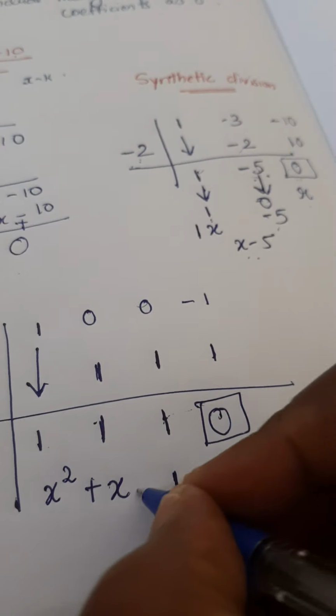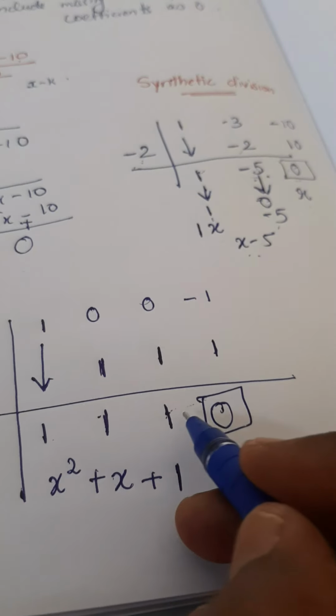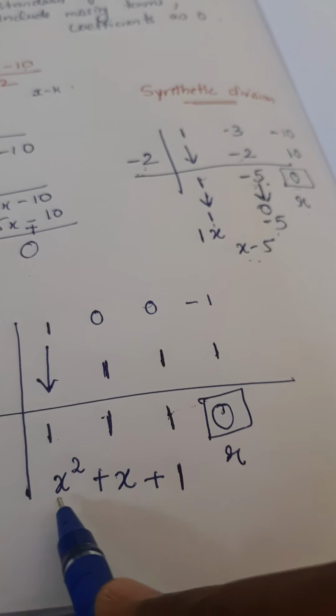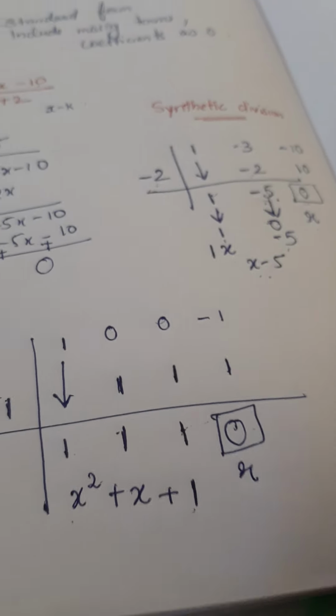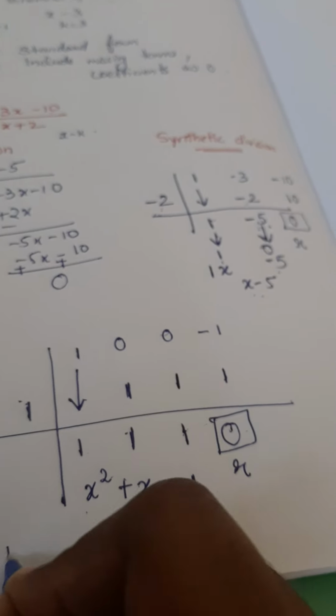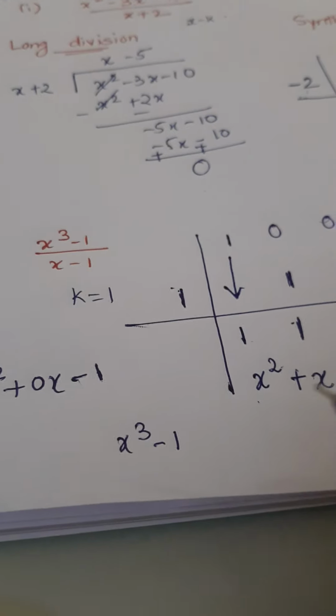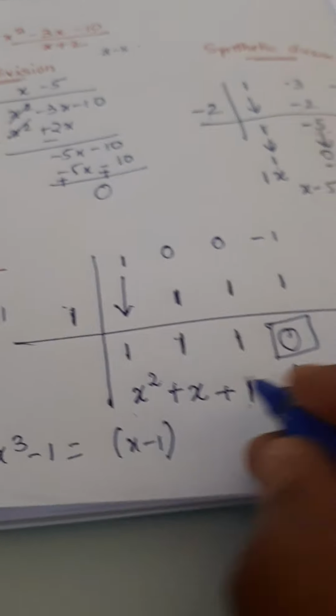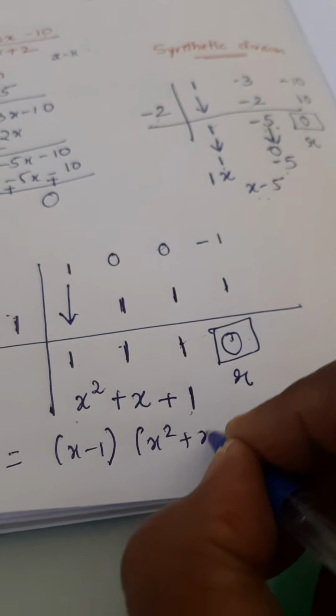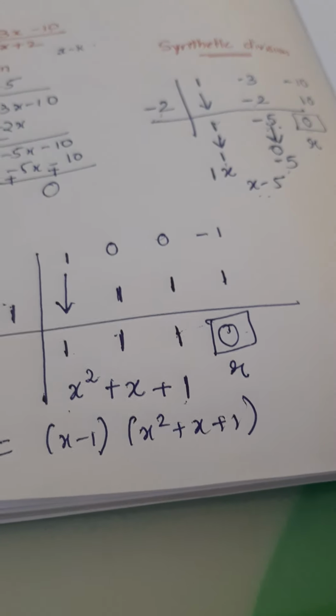The signs are plus and plus. So the quotient here is x square plus x plus 1 and the remainder is 0. So x cube minus 1 can be expressed as x minus 1 into x square plus x plus 1, and the remainder is 0.